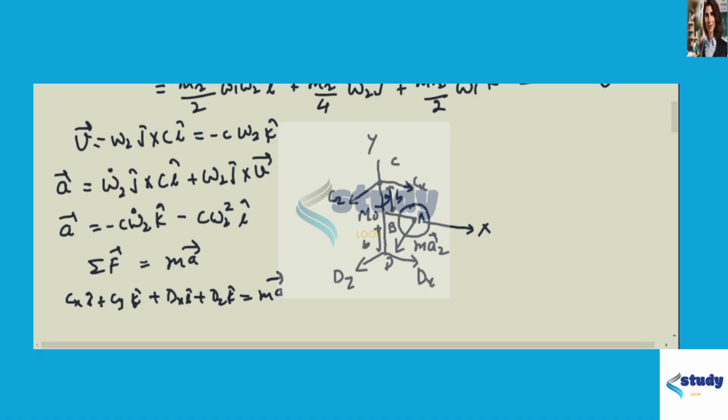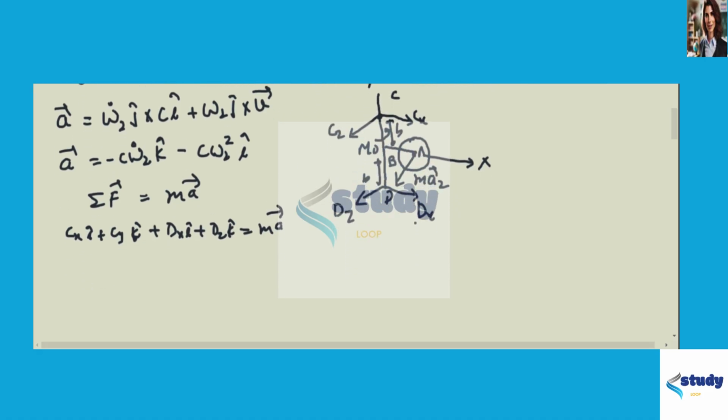Substitute the value of a here: Cx i cap, Cz k cap, Dx i cap plus Dz k cap equal to minus mc rate of change of omega 2 k cap minus mc omega 2 square i cap.